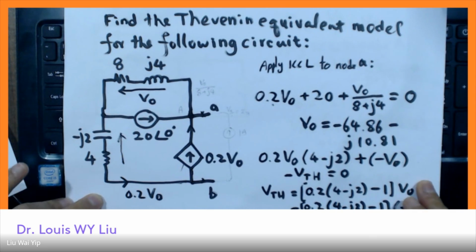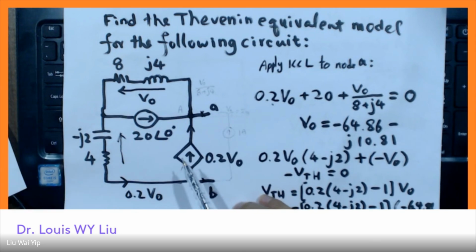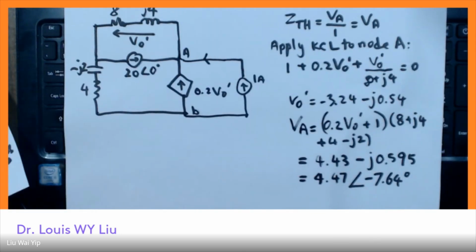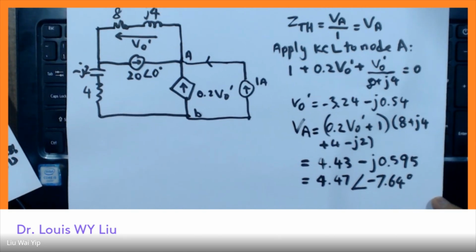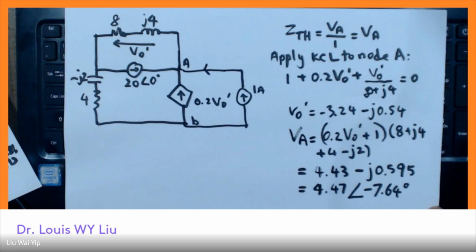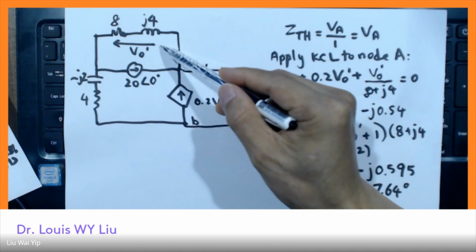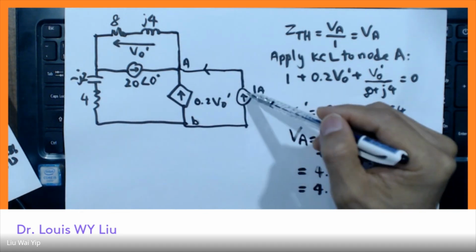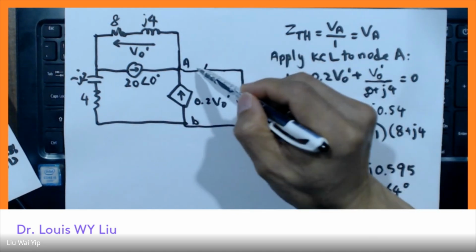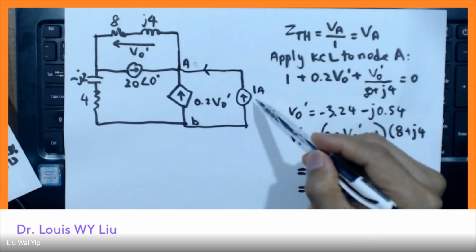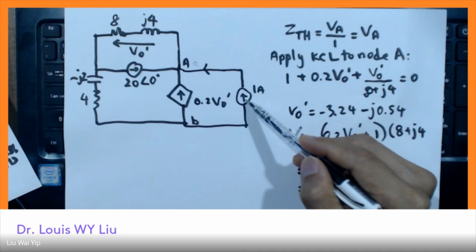So we are going to redraw these circuits. So this is the redrawn circuit, and we have added one current source at the output. The current source that we are going to add at the output terminal is just 1 ampere.